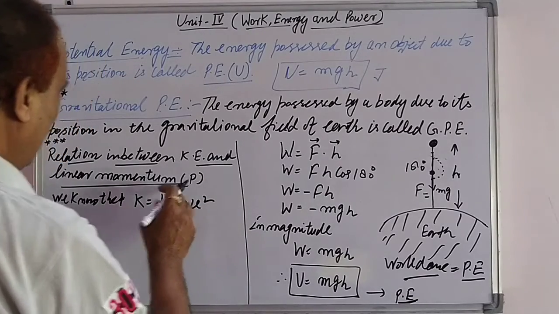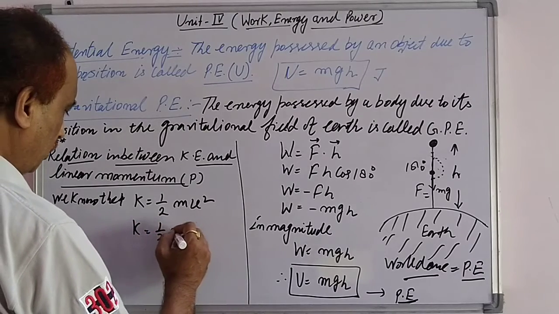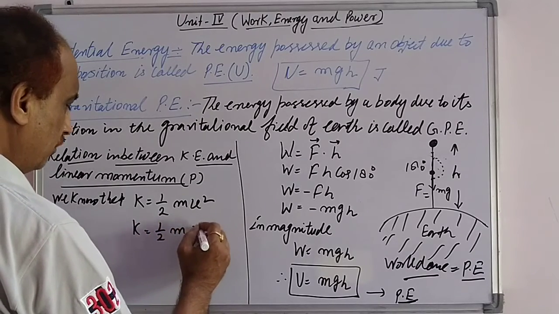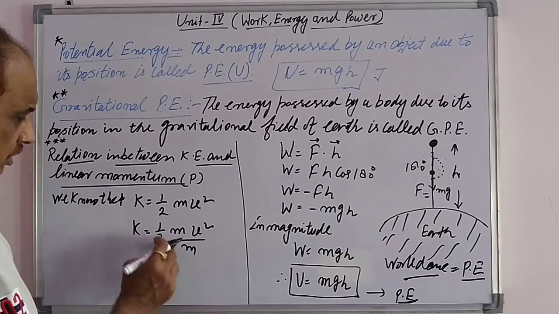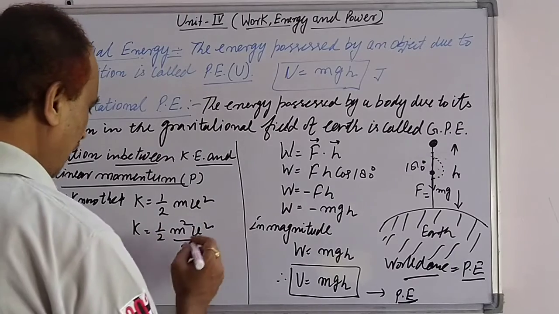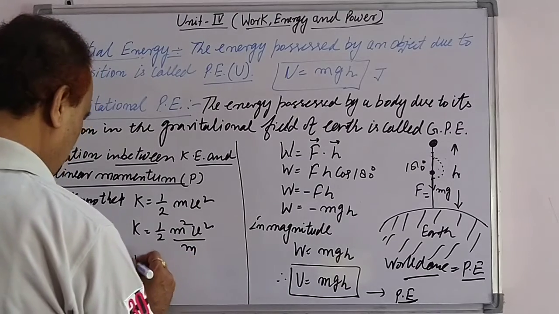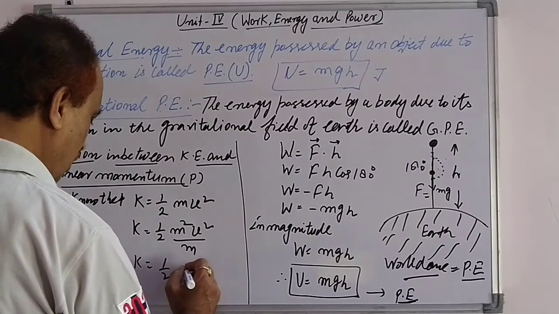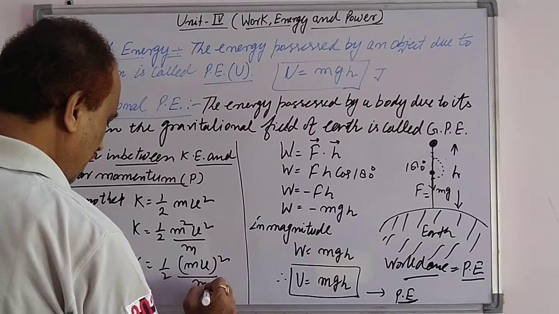Now multiply by m in numerator and denominator, so K will be equal to 1 by 2 m into m v square divided by m. Because m and v are both squared, that can be written as 1 by 2 (mv) whole square divided by m.